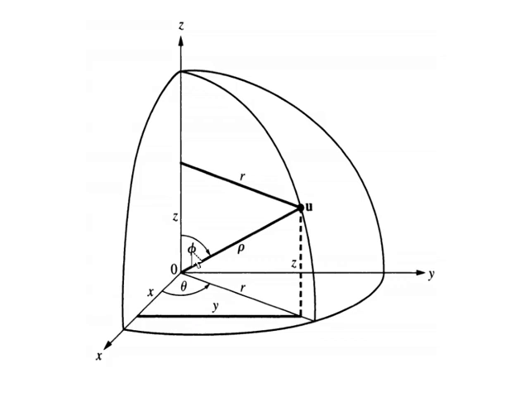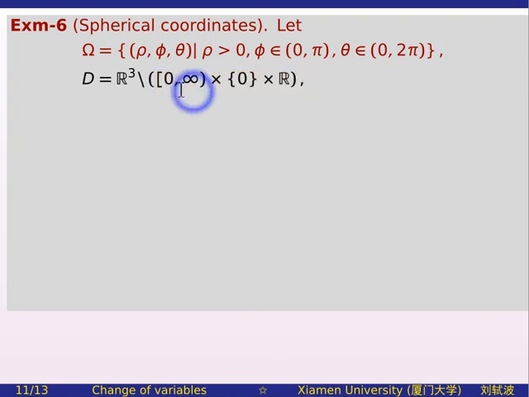Moreover, since theta equal to 0 and theta equal to 2 pi, that is, you go around and come back here, they represent the same point, we also need to remove theta equal to 0. Therefore, this is equivalent to removing this half space from the three-dimensional xyz space.